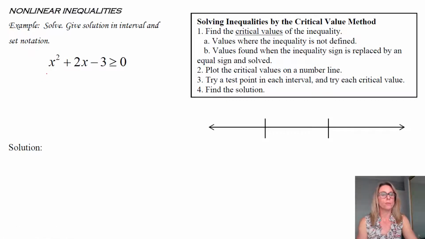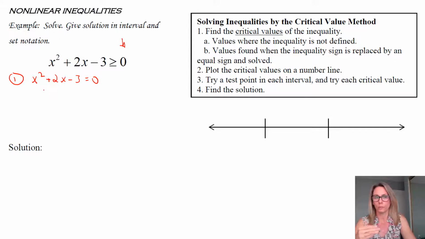So for something that's quadratic, typically I would bring everything to one side, and notice that it does have 0 on one side. So the first thing I would do is think about the equation x squared plus 2x minus 3. In the text box, it talks about the critical value method. That's what's happening here. We're trying to find the critical values first, critical meaning important.